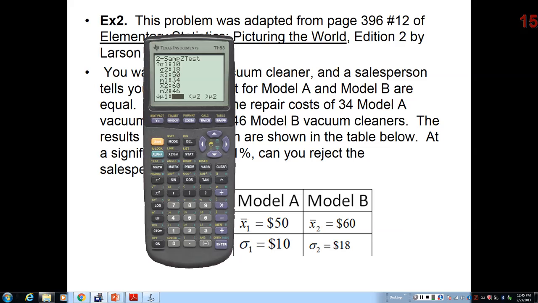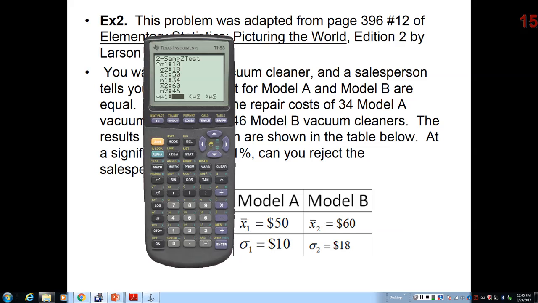Okay, we ready? Is everything right? What is your n? The one would be 34 and 46. How did you get 34 and 46? There on the problem. It says 34 model A mattress. Right. So 46 model B.